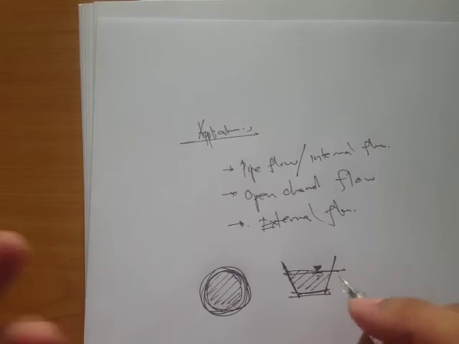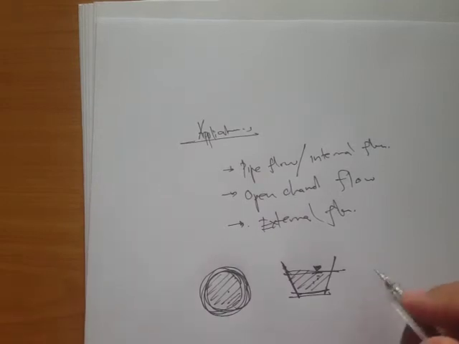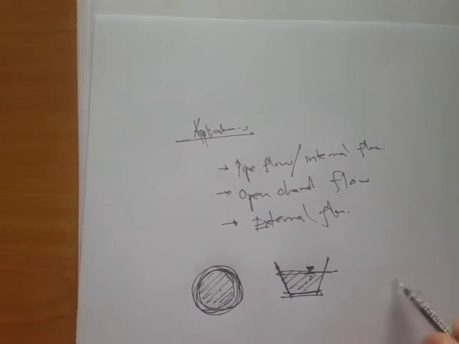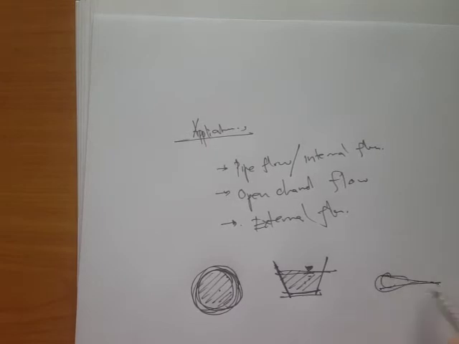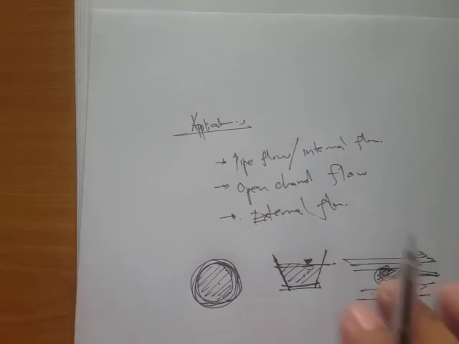So the governing equations would be different from that of the pipe flow. Then for the external flow, say an airfoil. There's a moving fluid right here, and then this is a solid object. So what are the principles behind that situation or phenomenon? That's going to be about these external flows.